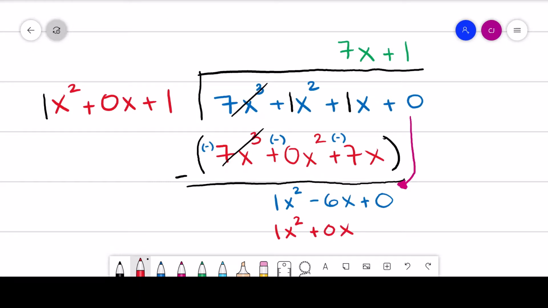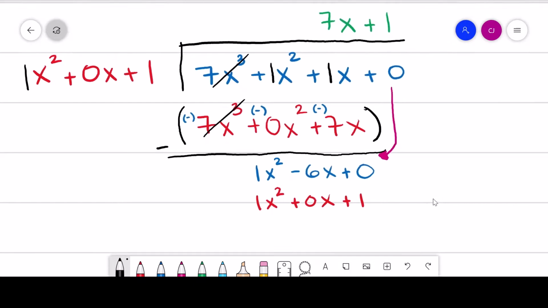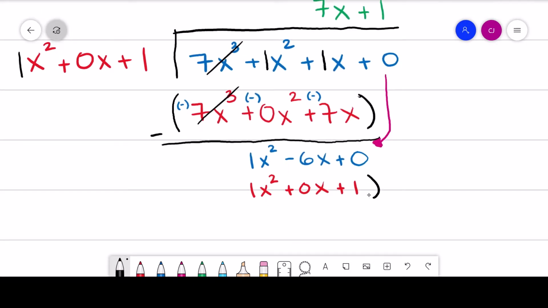I'm going to then multiply this 1 again with this 1, which is going to give me plus 1. And again, you want to make sure you're subtracting. So I'm going to put parentheses because I know that I have to distribute this negative to each term inside of the polynomial I just got.